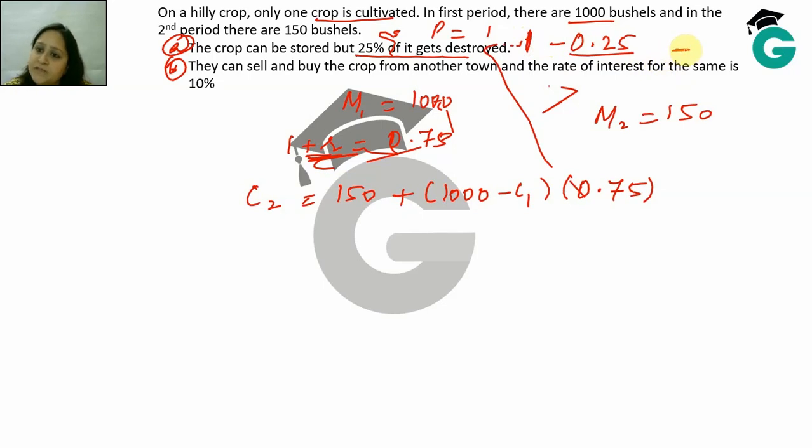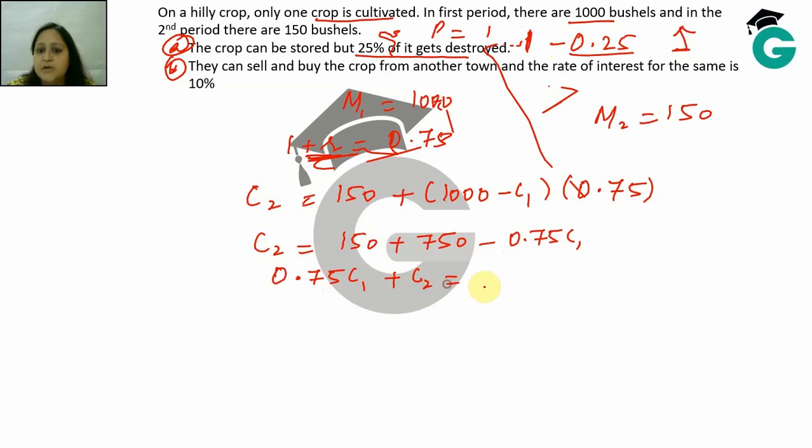So when I'm taking from this time period to the next, I can only have 75% of the crops. So C2 is equal to 150 plus 750 minus 0.75 C1. So I have the budget line as 0.75 C1 plus C2 is equal to 900.